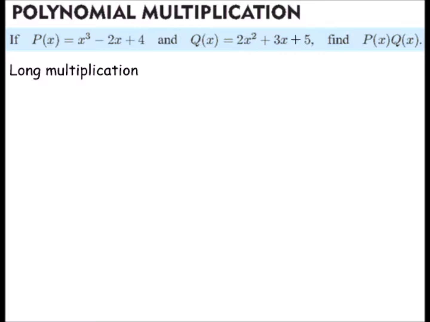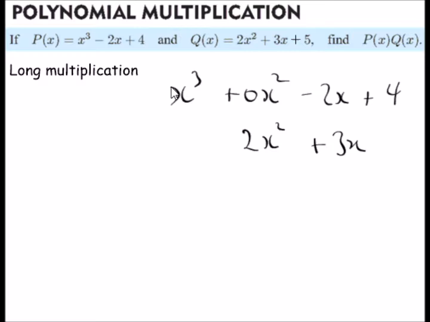For p of x, we can see there's no x squared term, so we have to write down x cubed, and then 0x squared minus 2x plus 4. Underneath that, we make sure that the place values are all lined up vertically. So the 2x squared is under the 0x squared, the 3x under the minus 2x, and the constants are lined up. So now we can multiply.